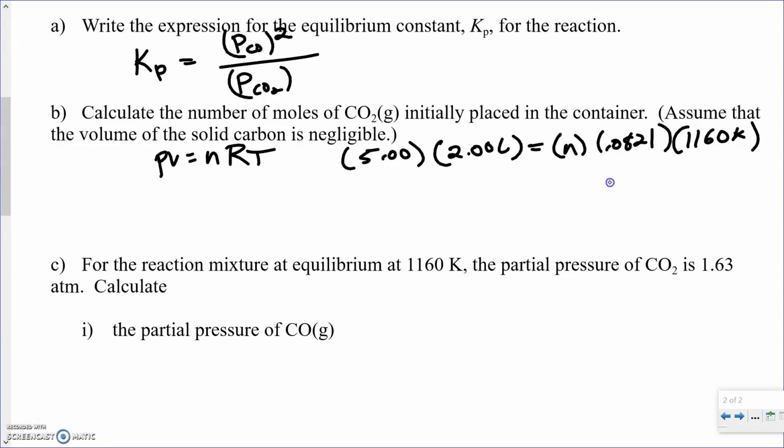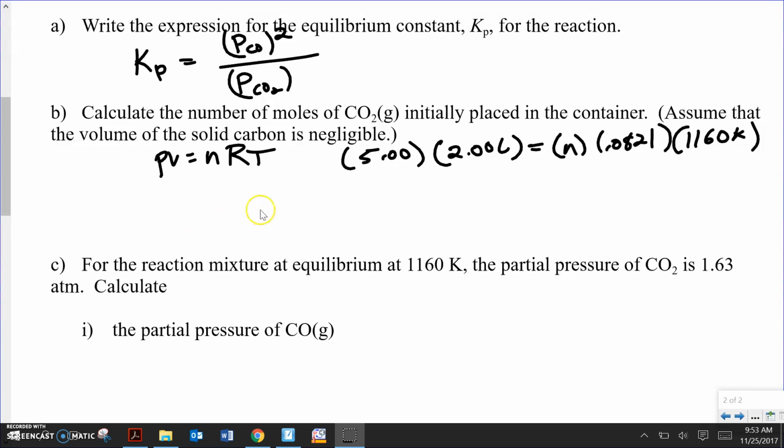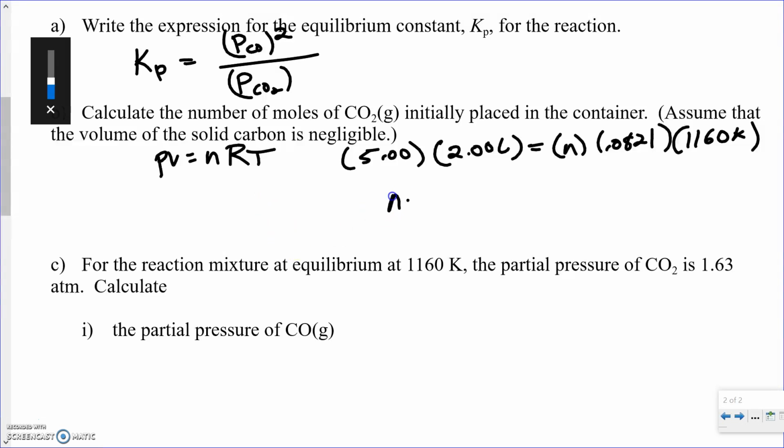So we go through and actually do this math. So we get 5 times 2, which is 10, divided by 0.0821. And we're going to get a mole value once we do all this of n equals 0.105 moles of CO2. Okay, so question B, easy peasy, moving on.